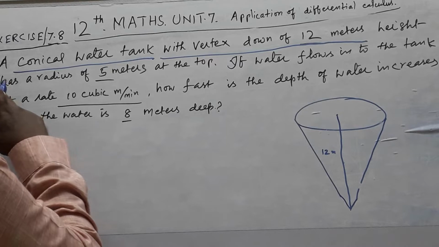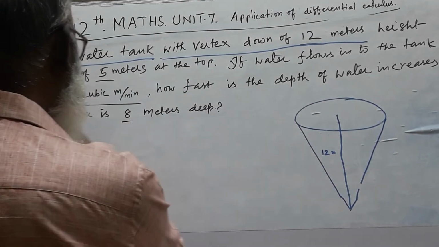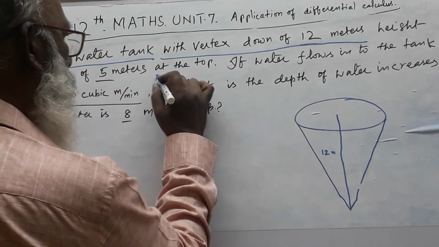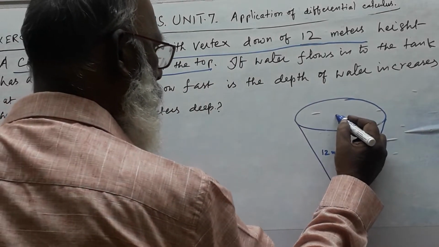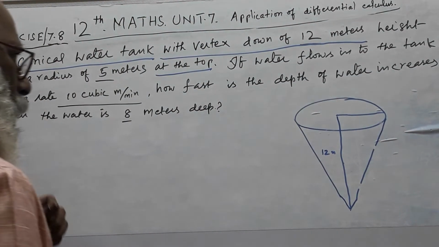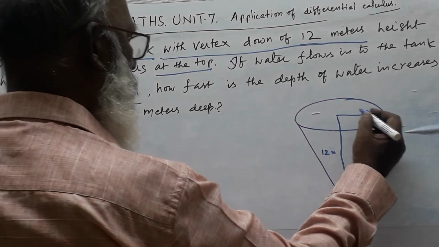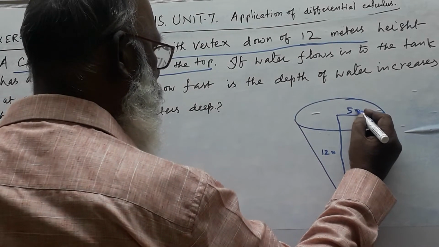Now, it has a radius of 5 meters at the top of the conical tank. The radius is given as 5 meters.